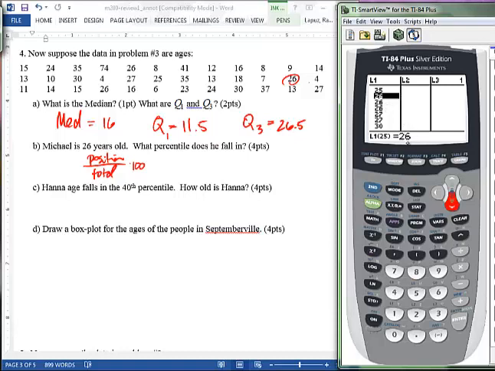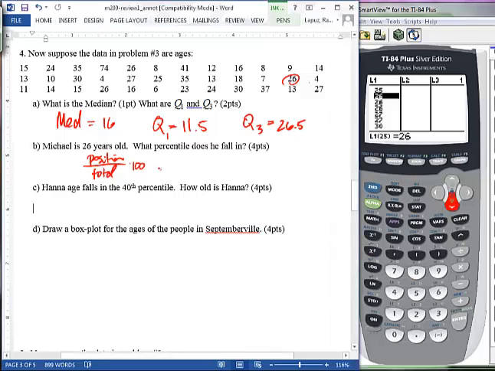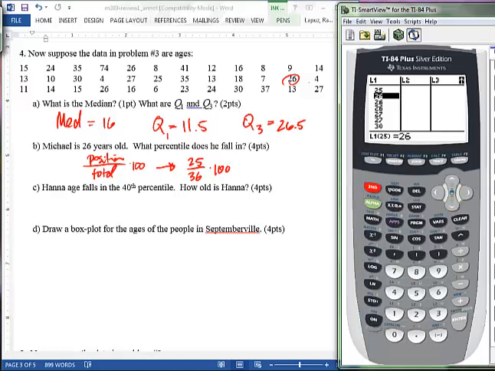So we'll just pick the first 26, and we see that that is in the 25th position. So here Michael is in the 25th position. This is what we are looking at, the position, not the number itself. 25th position divided by the total. There's 36 numbers total, times 100. Let's just punch that in the calculator real quick.